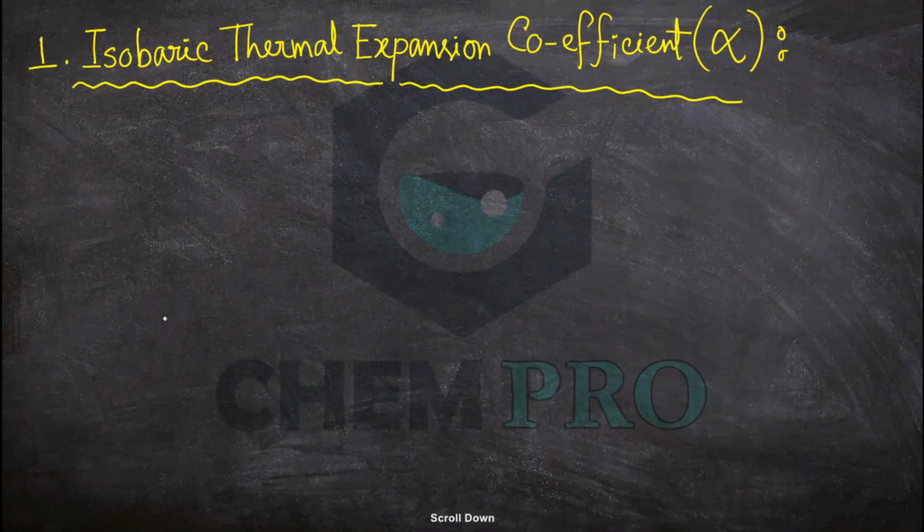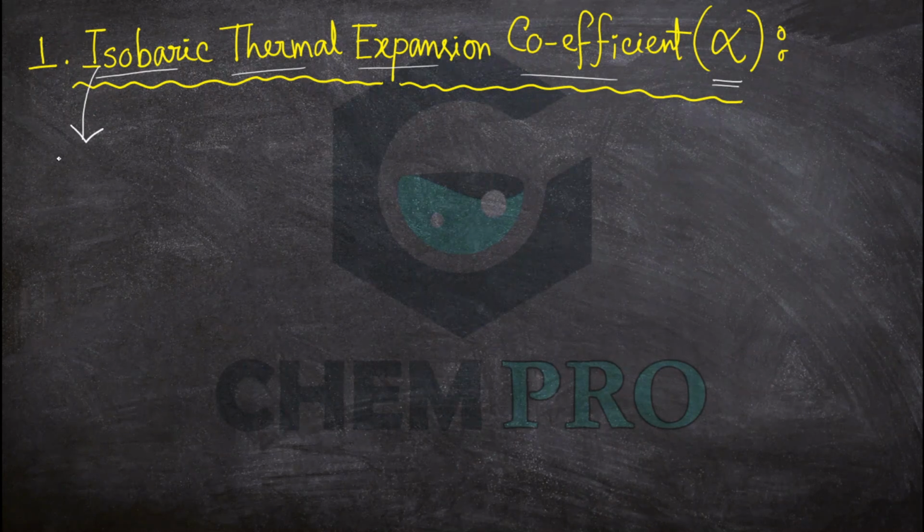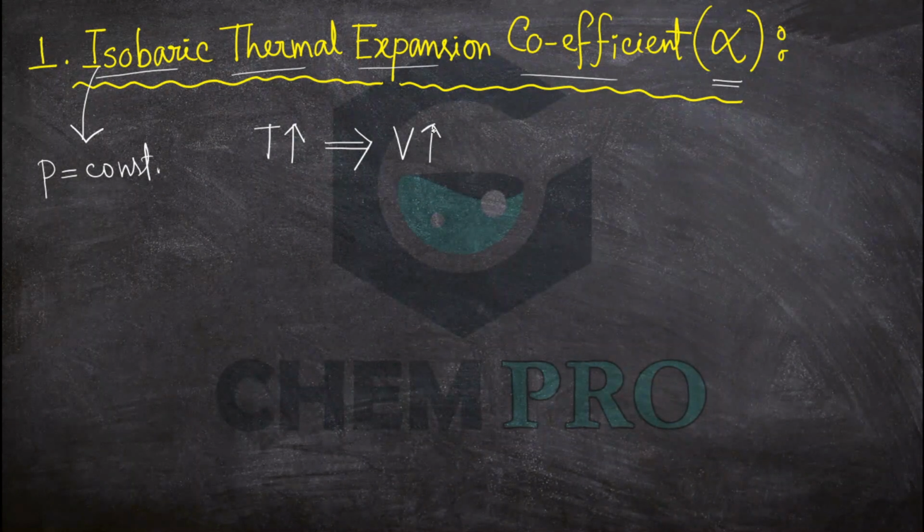So the first one is the isobaric thermal expansion coefficient, that is denoted by alpha. From isobaric we have that pressure is constant here, and the thermal expansion coefficient means if we increase the temperature, then the volume of the gas will also increase.